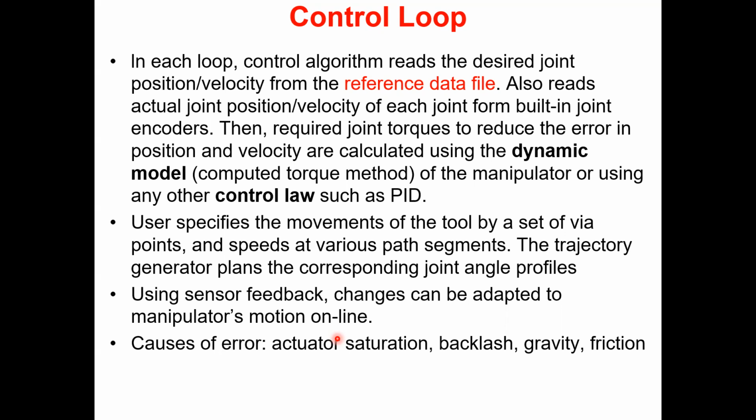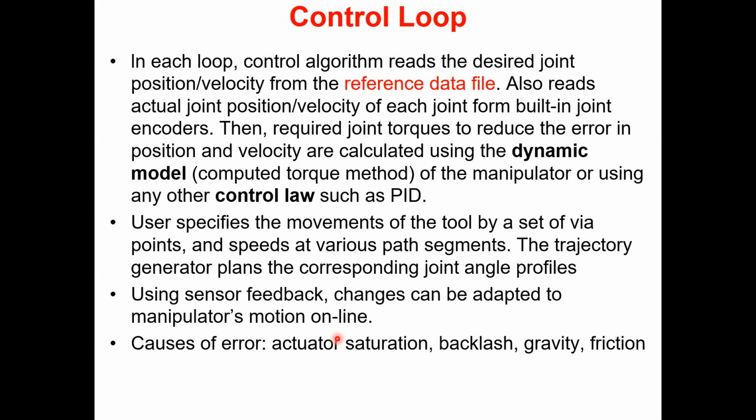And also there are backlash errors. Backlash means, let's say you keep turning joint 1 in the clockwise direction, and at a certain point you want to turn it the other way. The moment you want to do that, the geared joint's actuator turns in the opposite direction, changing the direction.